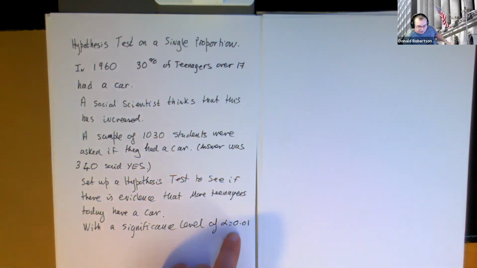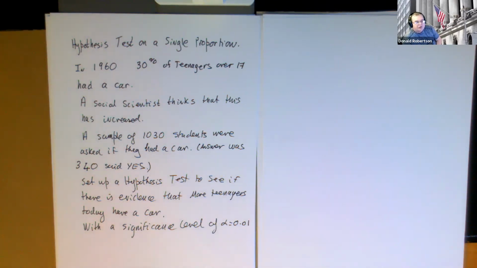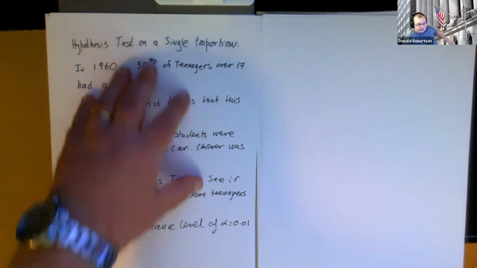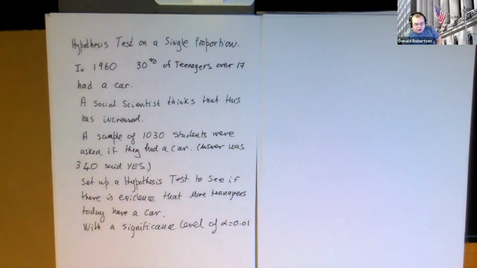So when a significance level is this number, that's 1%. What that means is if I do 100 tests like this one, in 99 of them it's going to say, yeah, there's evidence that the thing that you want to be true is true, right? There's evidence for it, go for it. 1 in 100 times, you're going to get that conclusion, and it's going to be wrong.